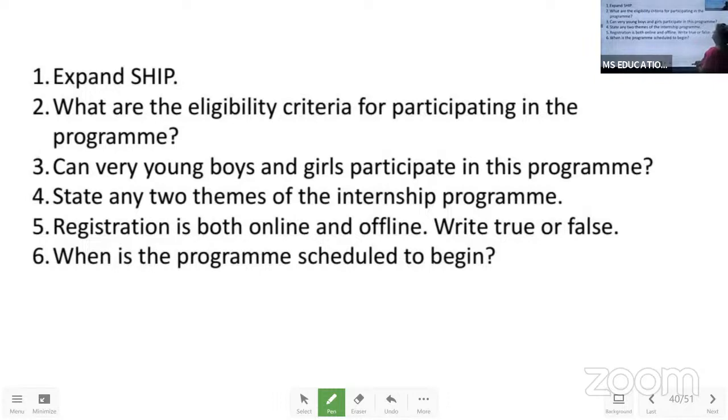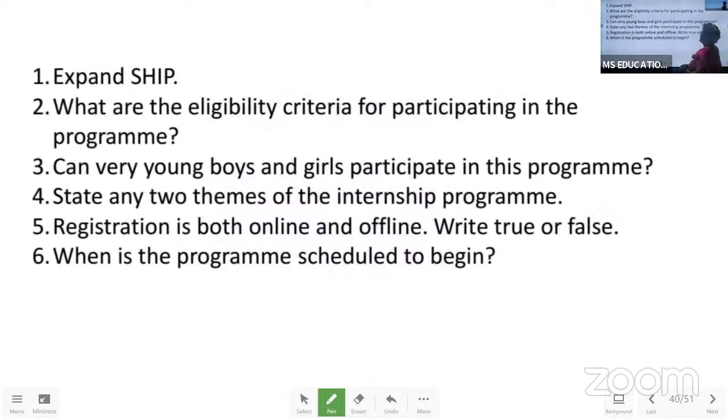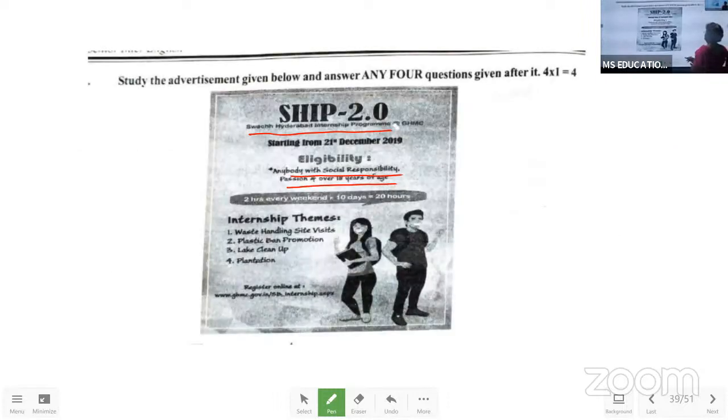What are the eligibility criteria for participating in the program? Anybody with social responsibility passion, over 18 years of age. When you attain adulthood, you are eligible to partake in this program. Can very young boys and girls participate? No. You should be 18 before you participate.